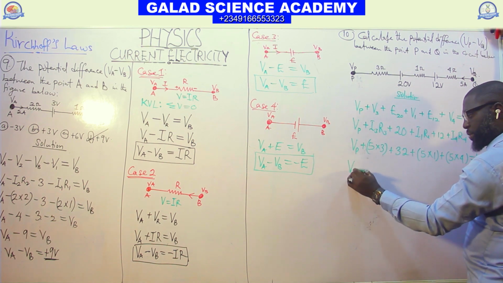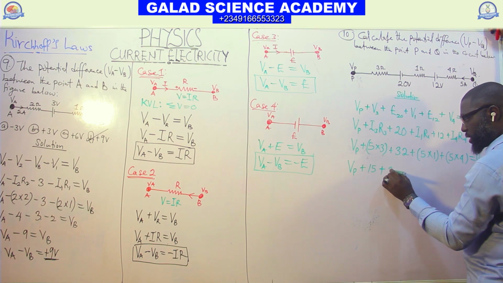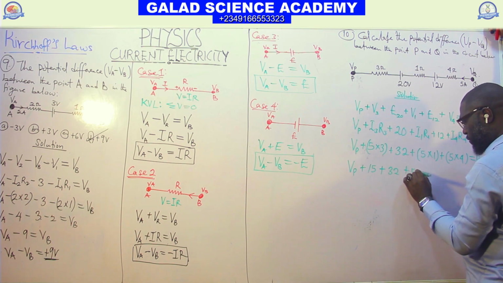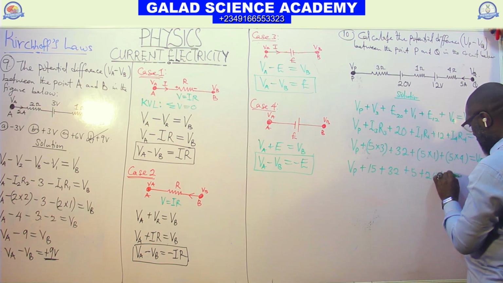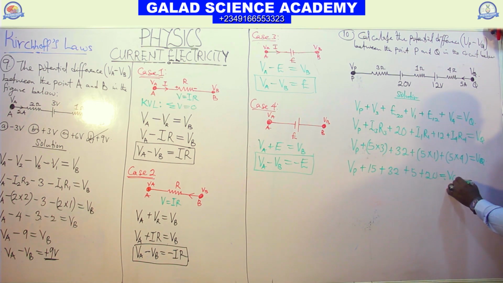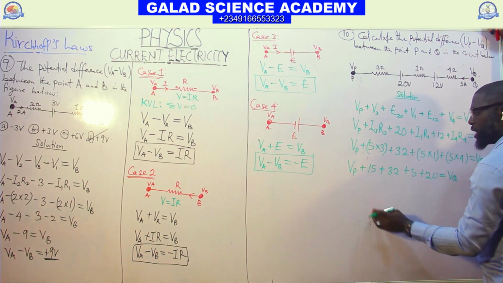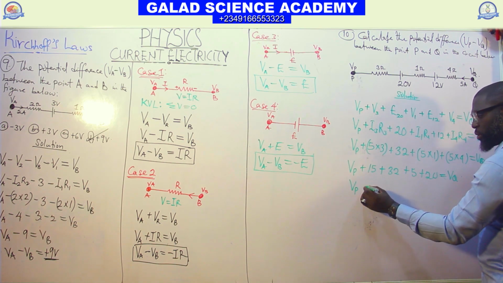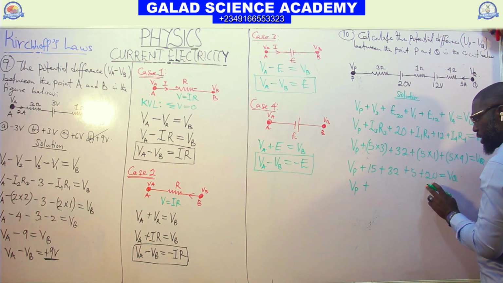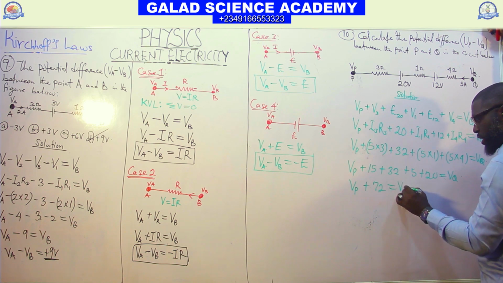Adding it together, VP plus 15 plus 32 plus 5 plus 20 equals VQ. By adding this together, this plus this gives 20, plus this 40, we have the potential difference of P as 72 equal to VQ.